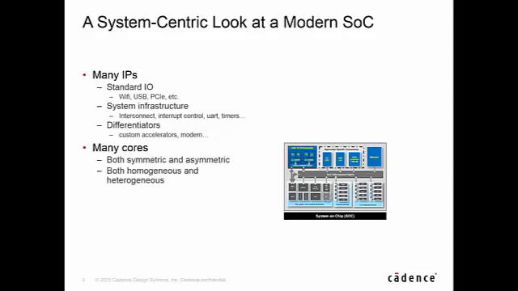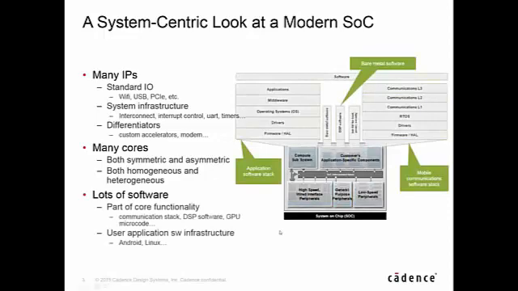Obviously, many cores, both symmetric and asymmetric, homogeneous and heterogeneous, as well as lots of software that gets applied to not only provide application capabilities, but also for some of the accelerators and things that you use inside of your devices, there's actual functional software that must be there to provide the functionality that's required.